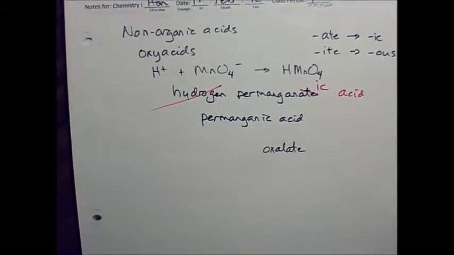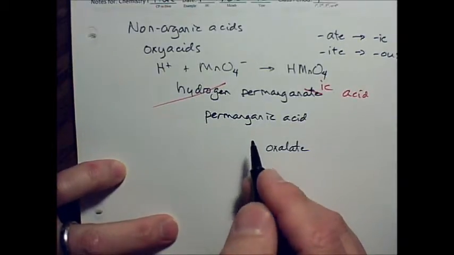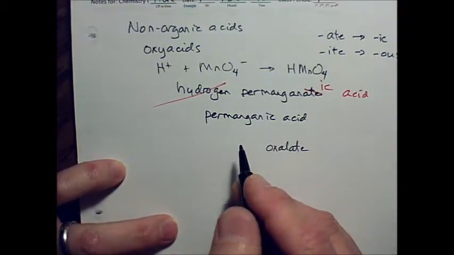Okay, oxalate. Using the oxalate anion, build a formula, write a formula for the acid, and write the name for it. And this one does actually exist. We've got oxalate, which is C2O4 with a 2 negative charge.